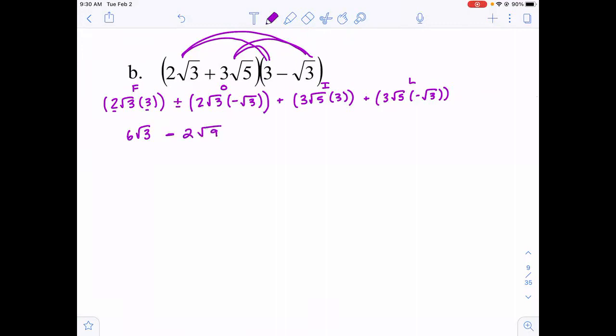I'm going to leave it at that for now. Actually, I'm going to rewrite this so that it's directly underneath. Plus 3 times 3, so I have 9 root 5 there. I have a minus here, so minus 3. I don't have another number out front. And then here I get the square root of 15.